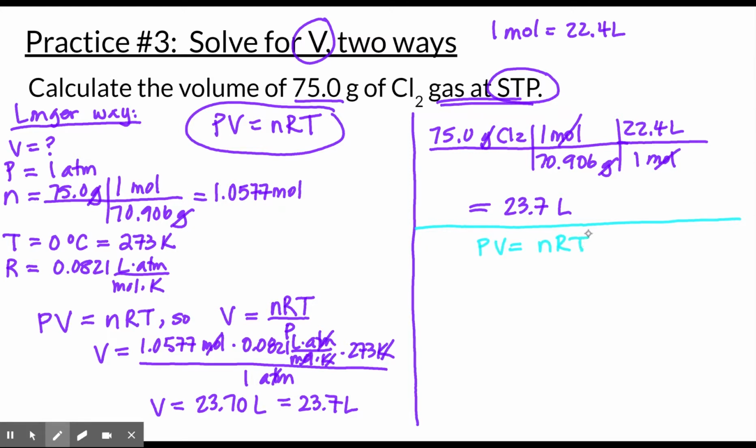We're looking at STP, right? So let's just use pressure is 1 atm just for fun. And our temperature is going to be 273 K. Therefore, our R value is going to be 0.0821 liters times atmospheres, et cetera. So volume is going to be 1 mole, because after all, it was for 1 mole of any gas.